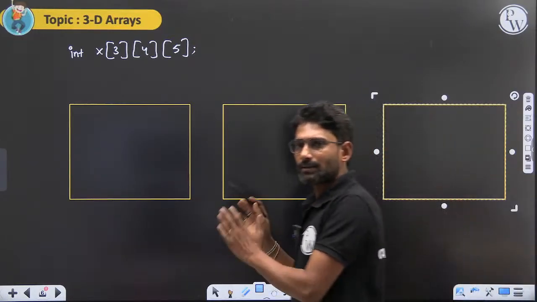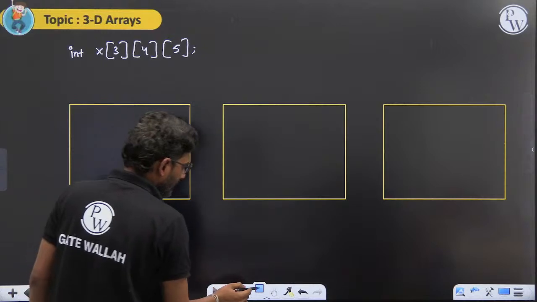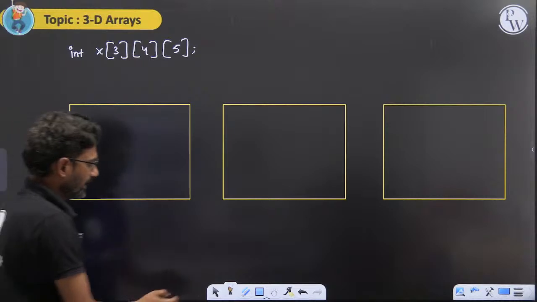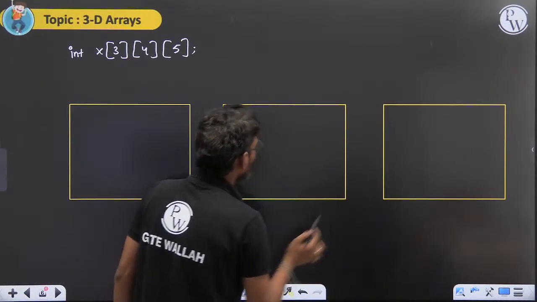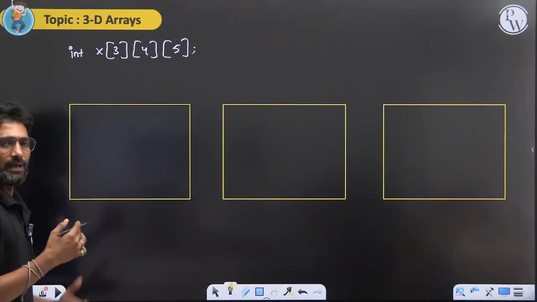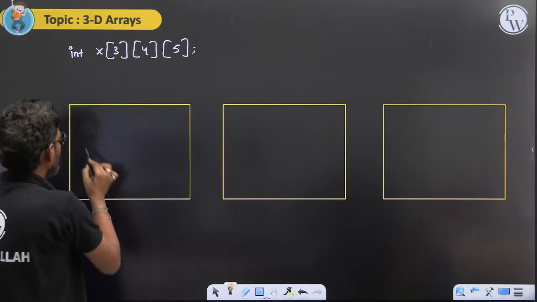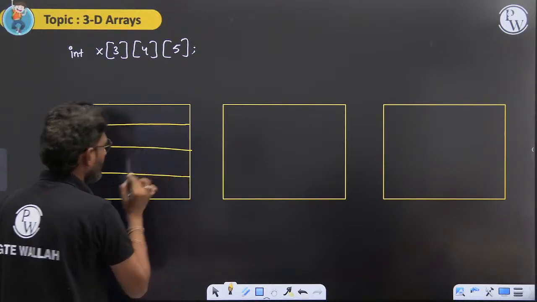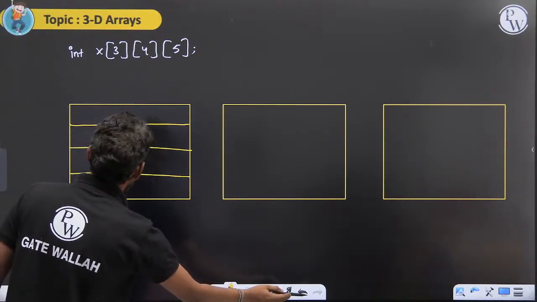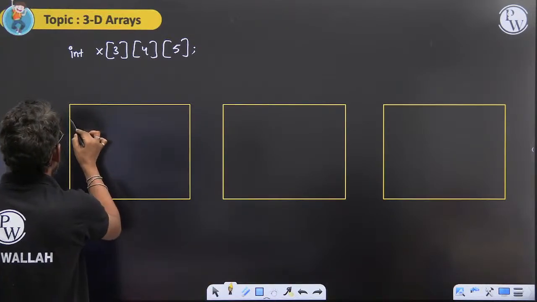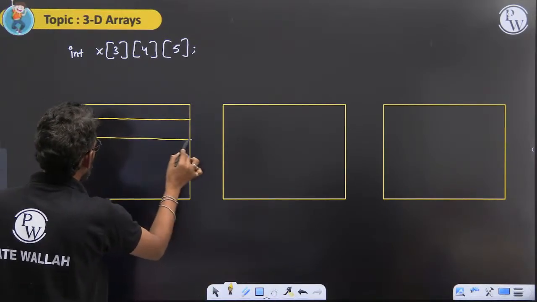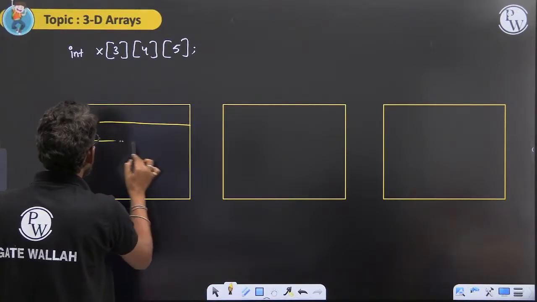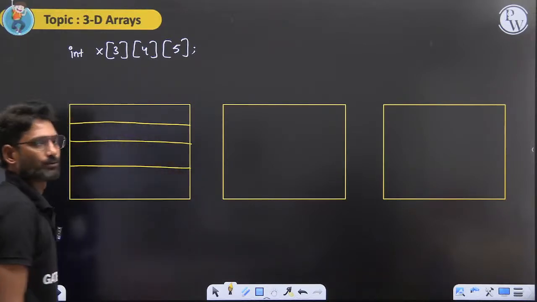Okay. There are 3 2D arrays, and in each 2D array, how many rows are there? How many 1D arrays are there? 4 1D arrays. 1, 2, 3. First row, second row, third row and fourth row.